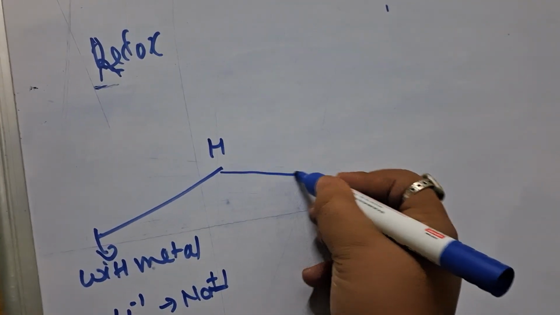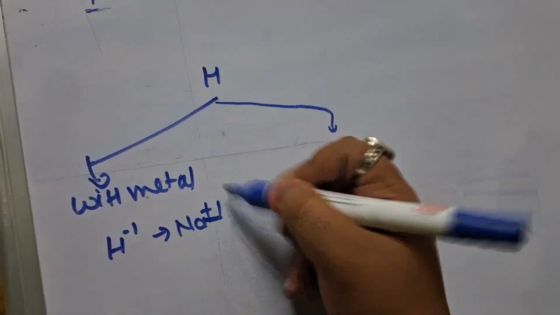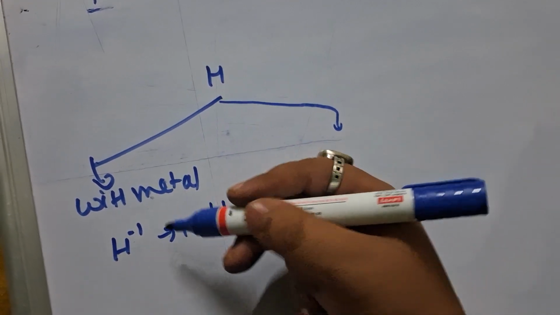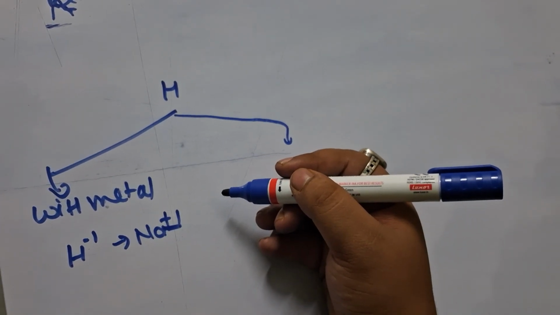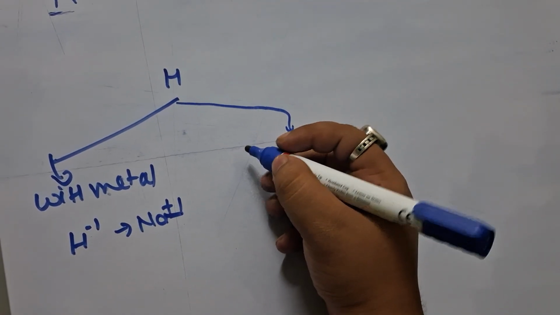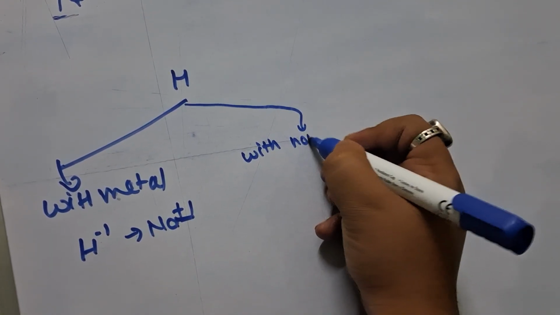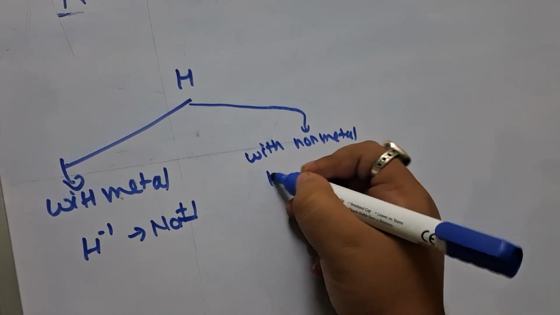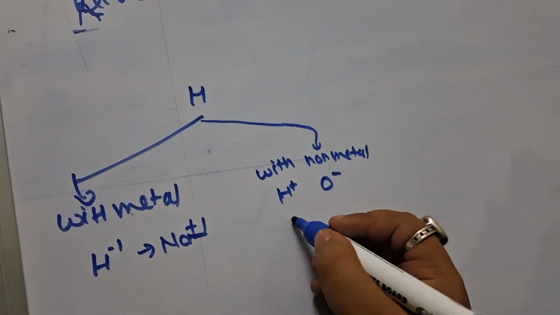Usually metals are more electropositive than hydrogen, so hydrogen is relatively more electronegative, and that's why it develops a negative charge. With non-metals, it develops a positive charge: H plus, O minus, positive with non-metal.